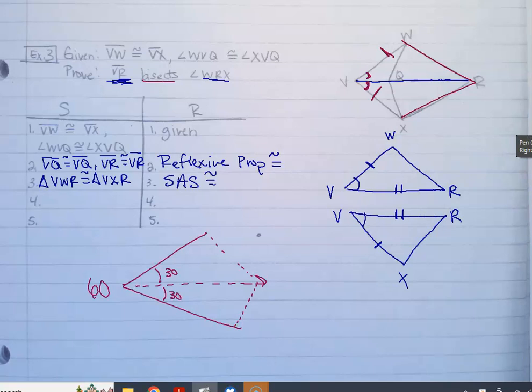What do these angles have to be? They have to be congruent. Maybe they're 40 each, which would make this whole angle how many degrees? 80. But in order for this dashed line to be an angle bisector, these have to be congruent. Do we know if those are congruent in ours? Yeah. Why do we know that they're congruent?